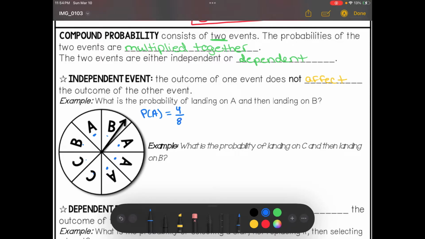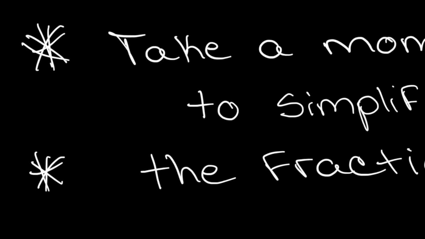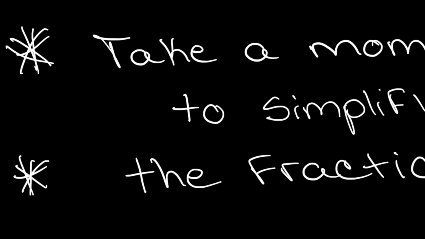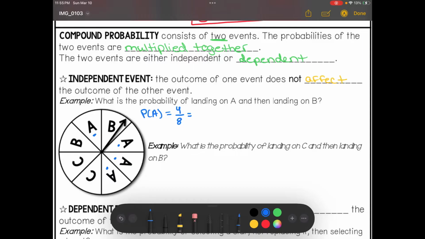There are 8 total sections on the spinner, and 4 of them are A's. So that's 4 out of 8. Simplify. And this would give us 1/2.